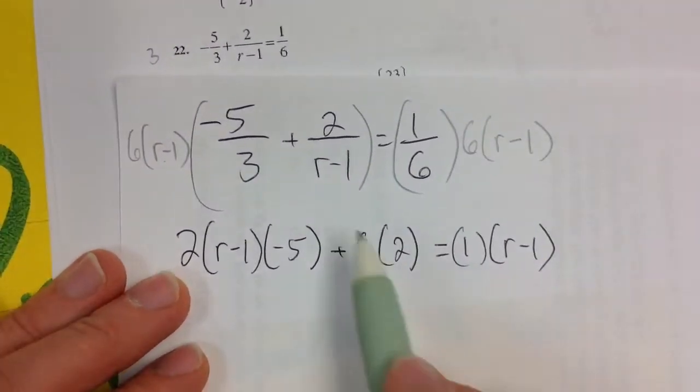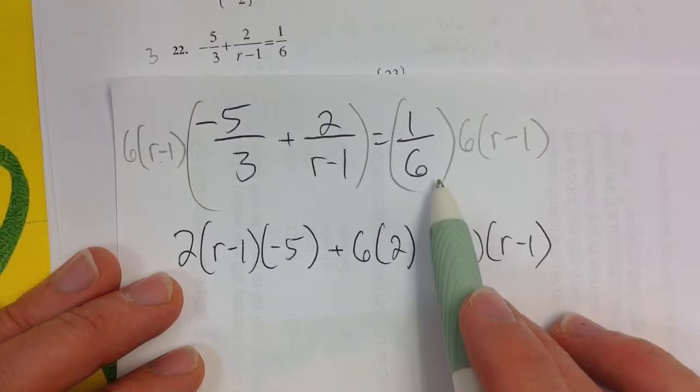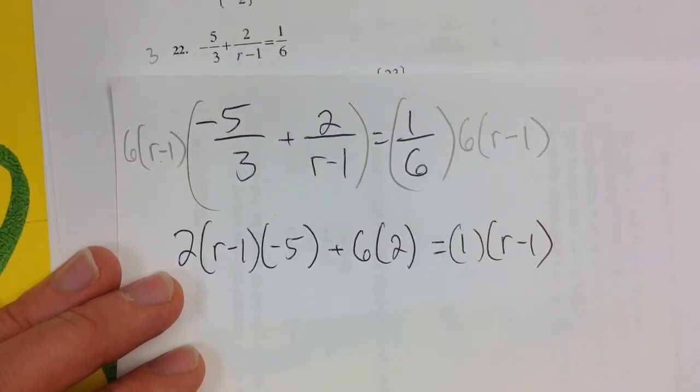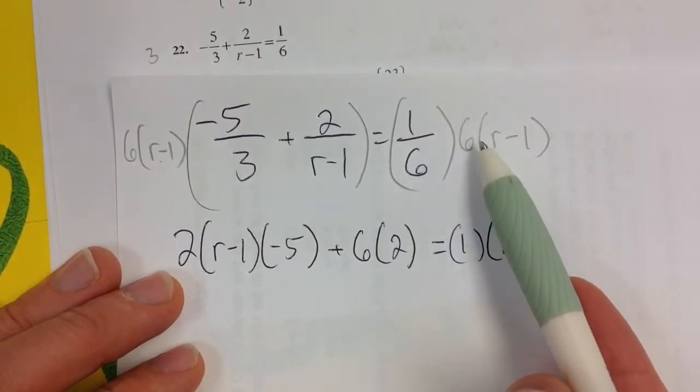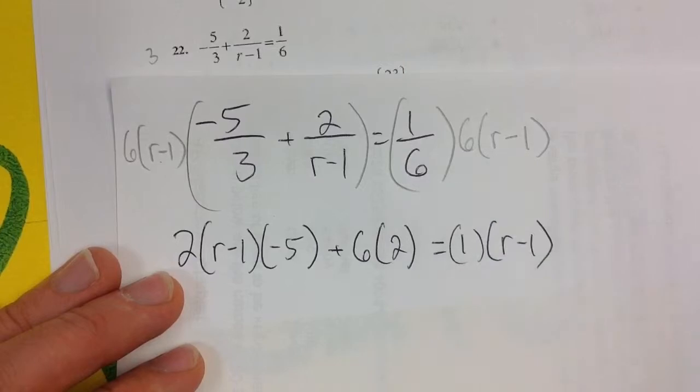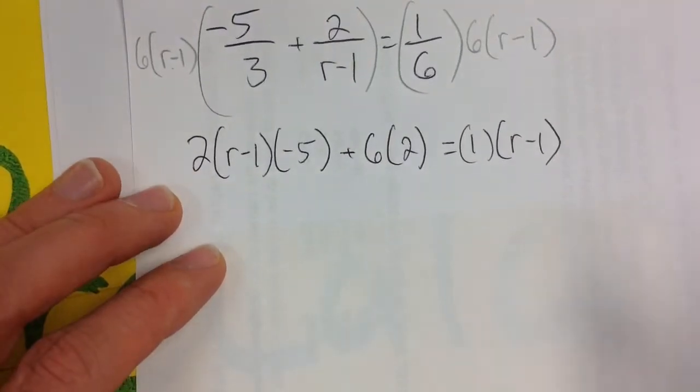So notice, you have wiped out all the denominators. That's a strategy: if you have denominators, you can wipe them out by multiplying everything by the least common denominator. Now it's just simple algebra.